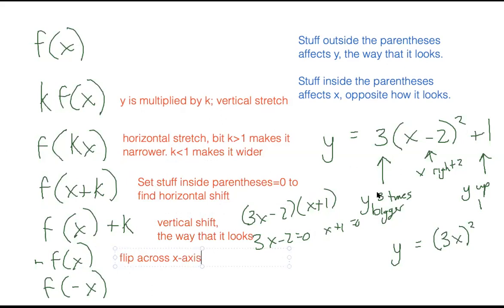Just to be 100% clear, a vertical flip means you're going across the x-axis, but the y values are changing. If we're going from here to there, all the y's are going from positive to negative. What we're actually flipping it across is the x-axis.